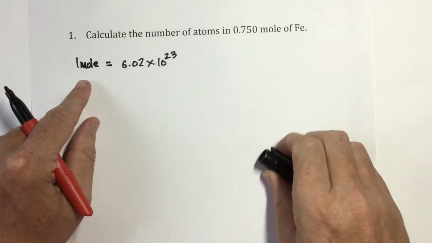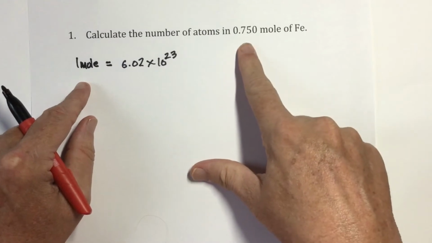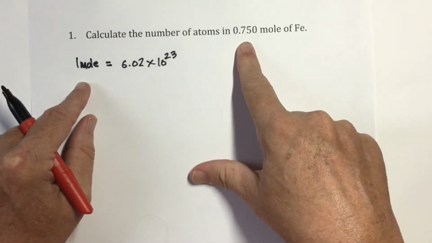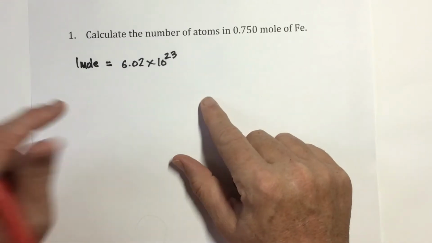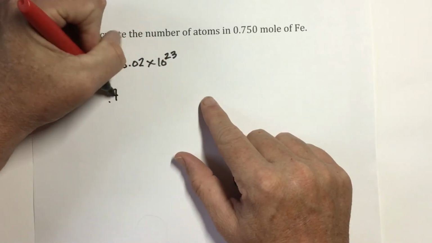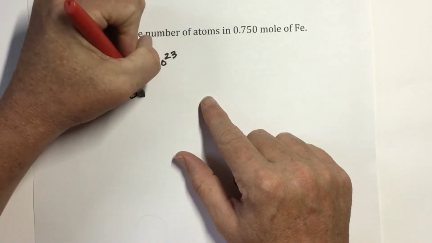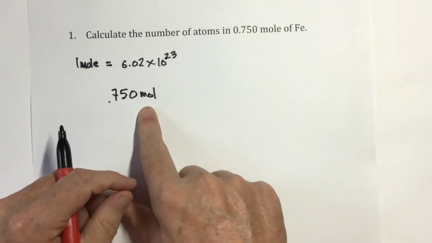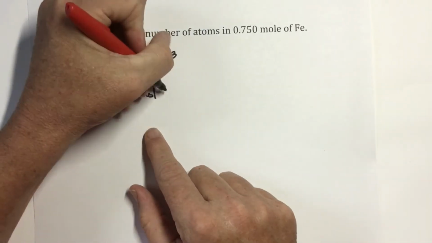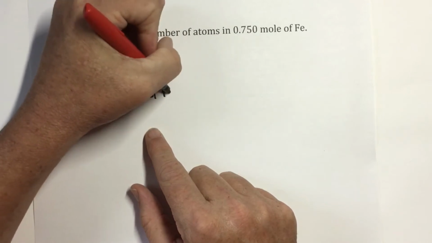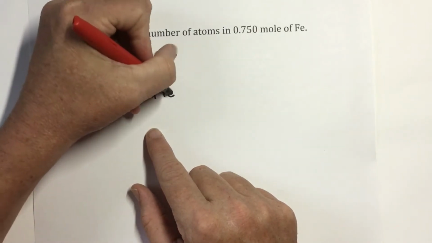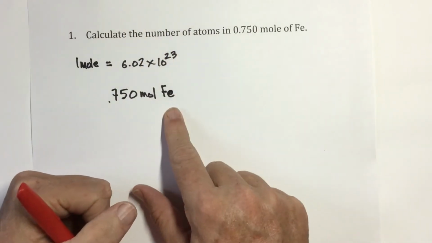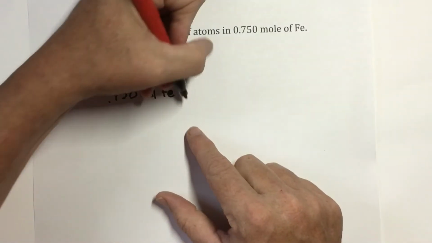You know that. So, very simply, if I have 0.75 moles of iron, so 0.75 moles, the abbreviation for mole is MOL, 0.750 moles of iron. I want to find out how many atoms that is.